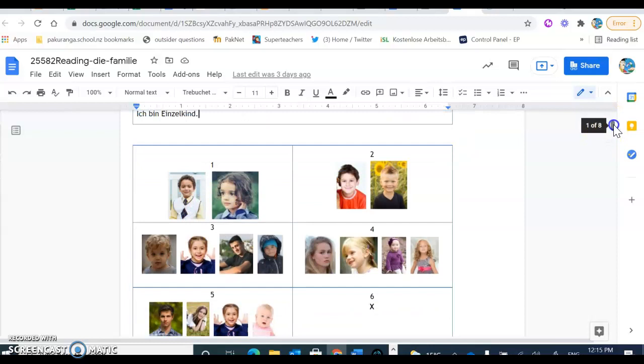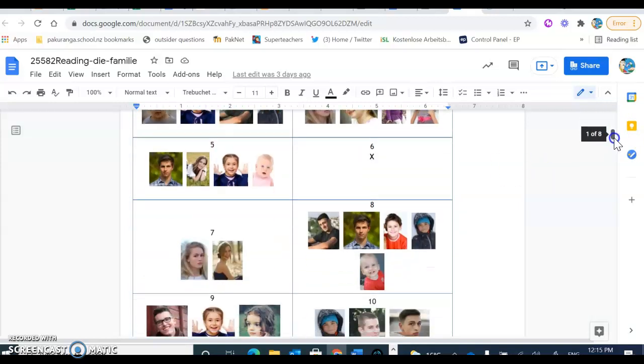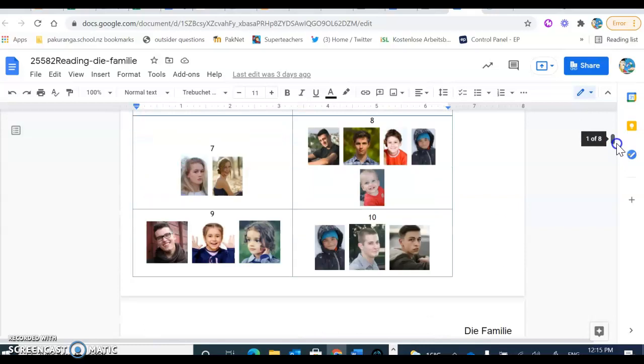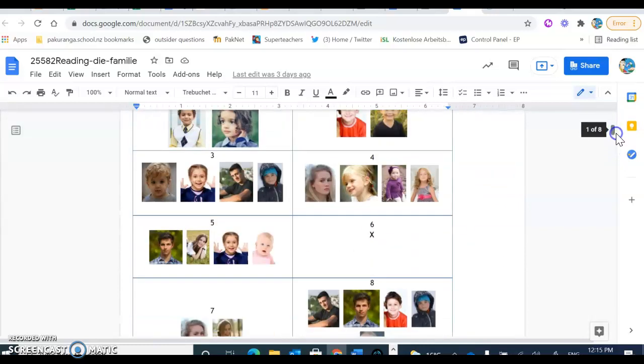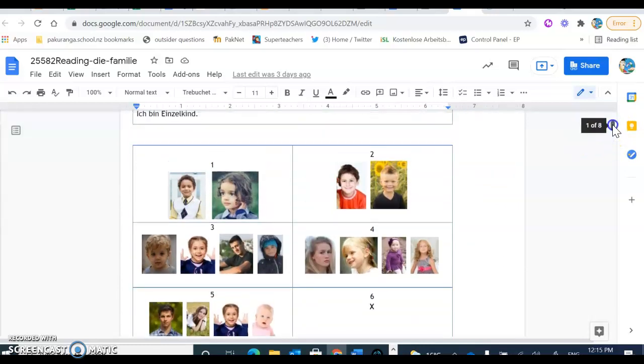So the first part here, you've got all of these pictures. So this one here is saying, I have got, what did I put it down for? A brother and a sister. So if you were this person describing this picture here, you'd say, I have got a brother and a sister.